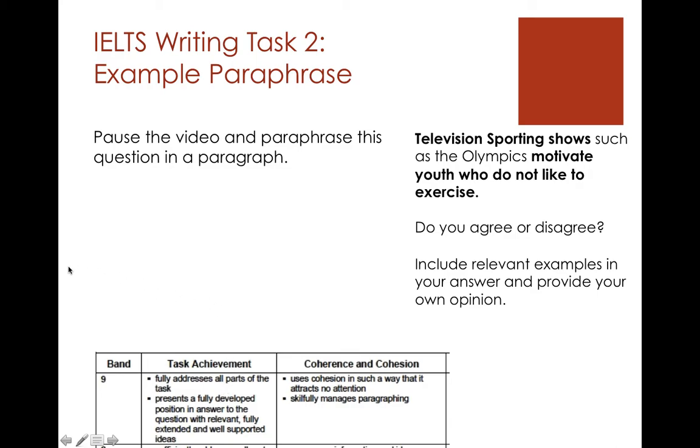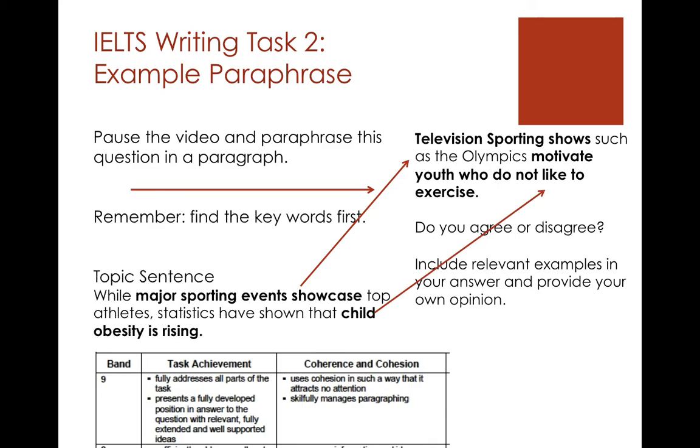Okay, so I'll show you how I've done it now. So, while major sporting events, here's our television sporting shows, showcase top athletes, comma, statistics have shown that child obesity is rising. This is a while subordinate, it's a subordinator in a complex sentence.